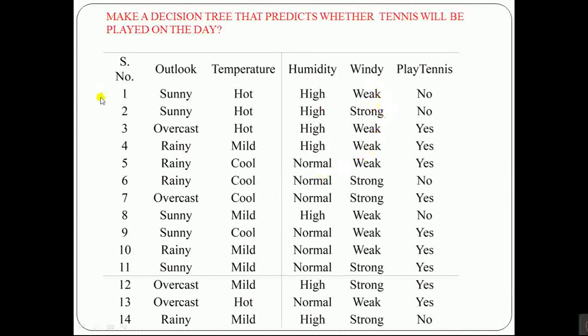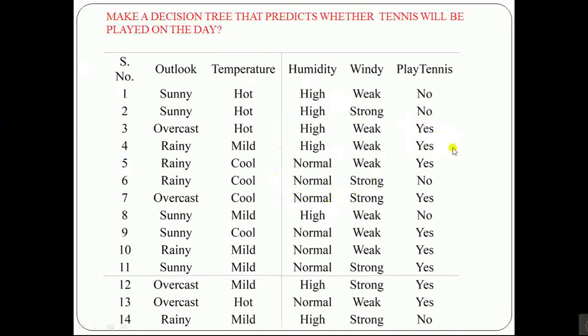Based on that, we have some set of data. For example, in the first case, outlook sunny, temperature hot, humidity high, windy weak: no need to play tennis. If it is overcast, hot, high humidity and windy, we can play tennis like that. The similar pattern we need to give as training data to the machine.